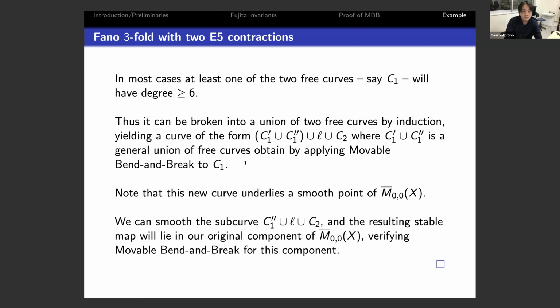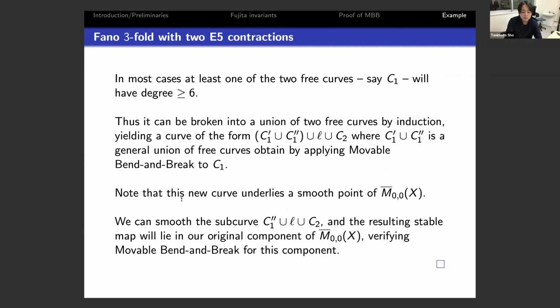Then on the other hand, in most cases at least one of the 2 free curves, say C1, will have degree greater than or equal to 6. So by induction, this curve breaks into the union of 2 free curves, yielding C1 prime union C1 double prime union L union C2, where C1 prime union C1 double prime is a general union of free curves obtained by applying movable bend and break to C1.